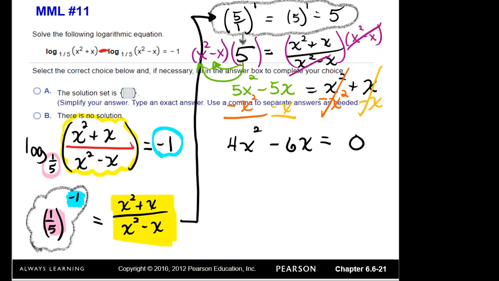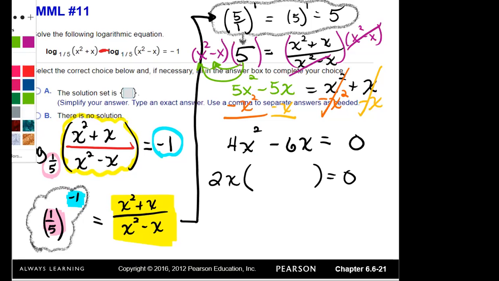And then factor, the only kind of factoring I can do on this is greatest common, where you just suck one thing out. They're both divisible by a 2 and an x. So I factor out the 2x, and then I'm left with, inside the parentheses, 2x minus 3.